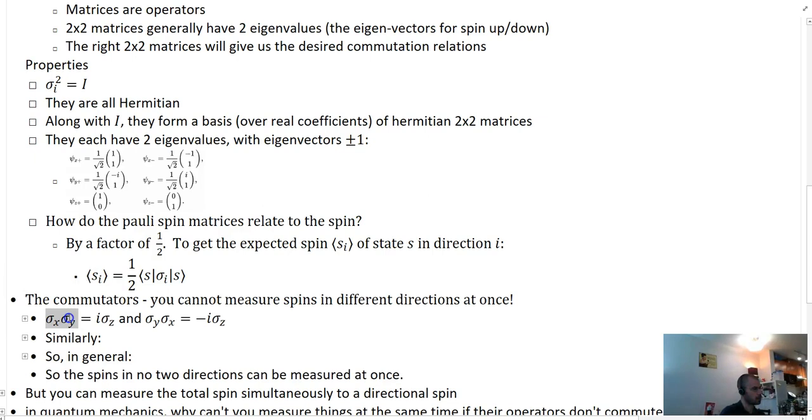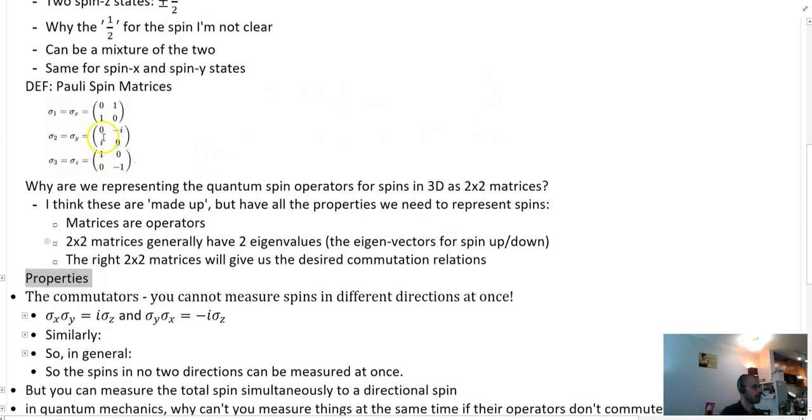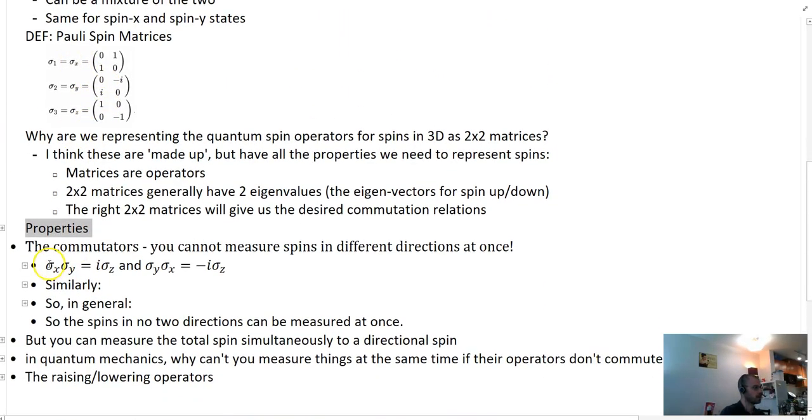So first of all, let's look at what happens when we multiply two of these matrices together. Okay, we multiply sigma x, sigma y, we get i sigma z. You can just verify that. Basically, this will multiply with that, which will give us an i up here.